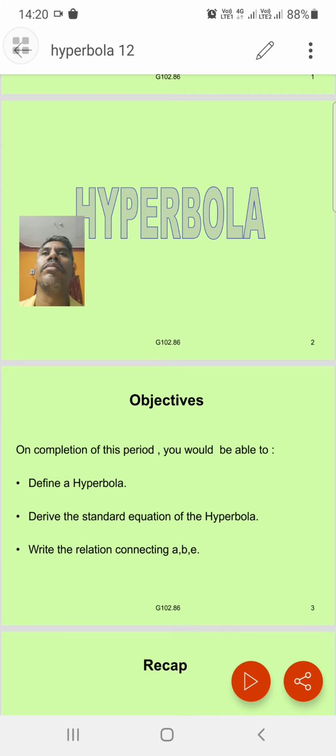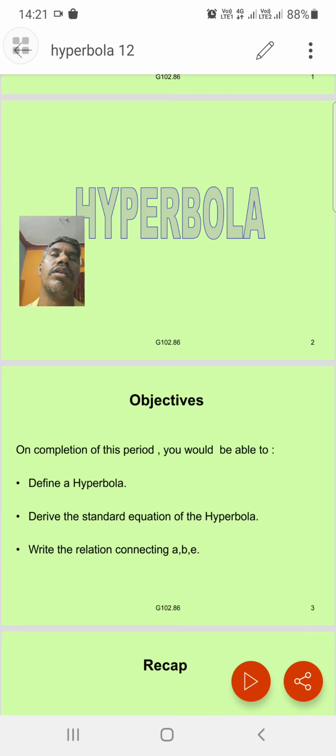That is, when focus, eccentricity and directrix are given, then the equation of the particular conic section, whether it is a parabola or ellipse or hyperbola, the formula is the same: x minus x1 whole square plus y minus y1 whole square equals e square into ax plus by plus c whole square by a square plus b square.